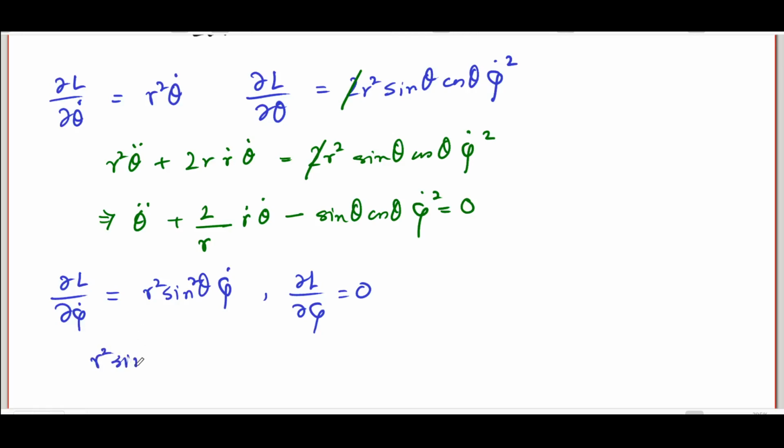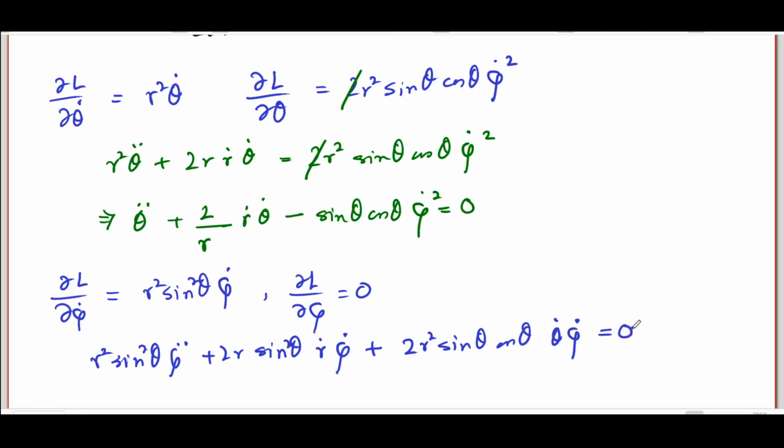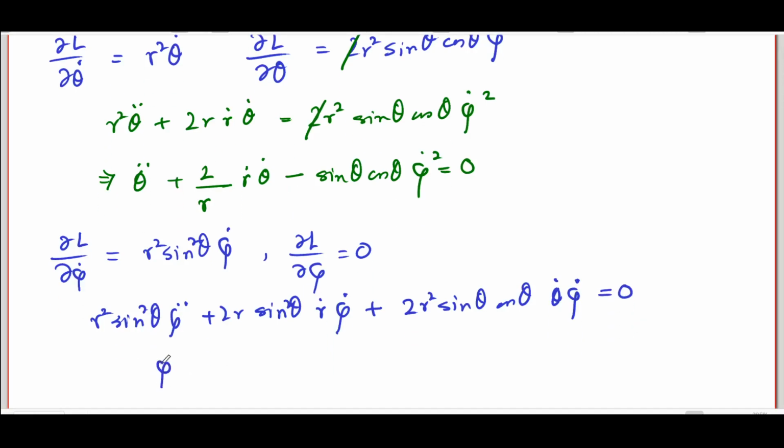So r² sin²θ φ̈ plus twice r sin²θ ṙφ̇ plus twice r² sinθ cosθ θ̇ φ̇ equals 0. So when we cast this to the standard geodesic form, what we get is φ̈ plus 2/r ṙφ̇ (sorry, the sin²θ also cancels), plus, let's be careful about that here, 2 cotθ θ̇φ̇ equals 0.